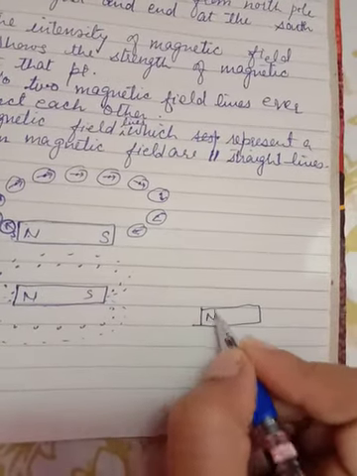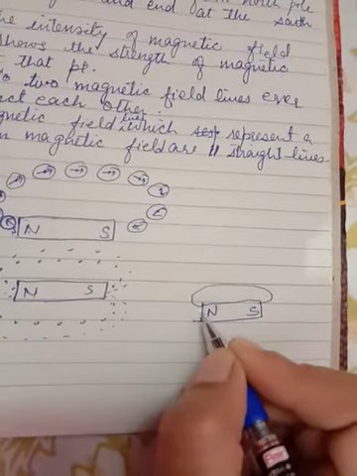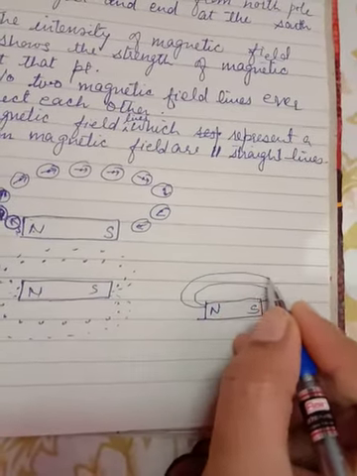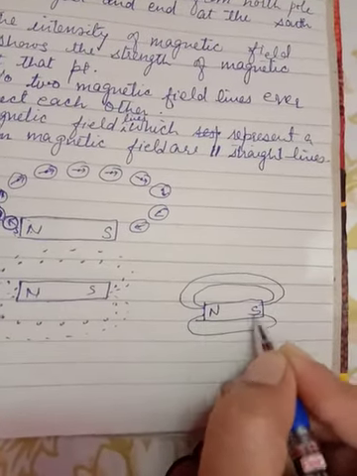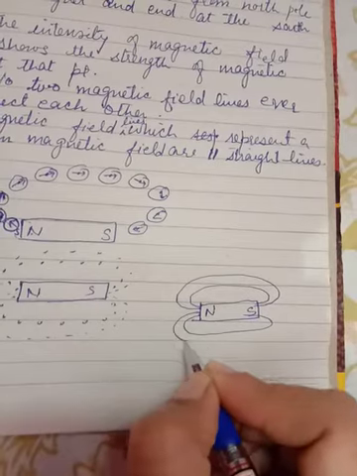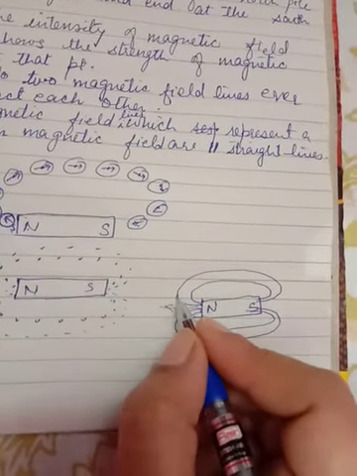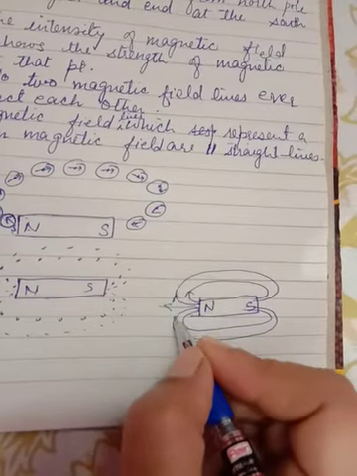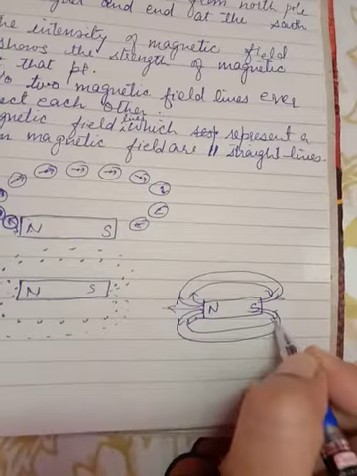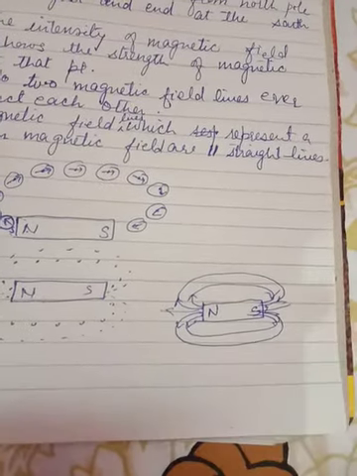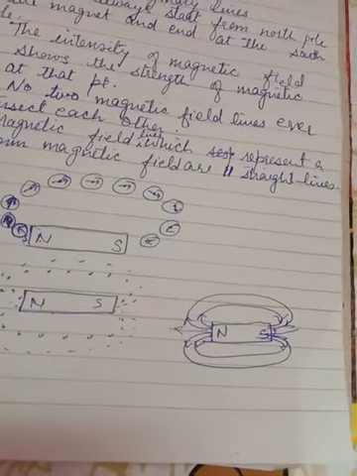This is our north pole, south pole, and we get such a pattern of field lines. All these magnetic field lines start from the north pole and enter in the south pole.